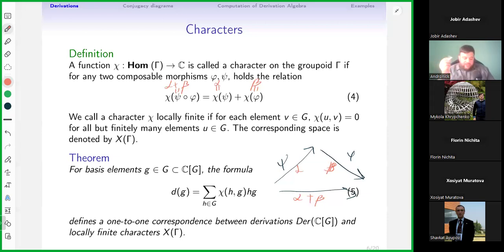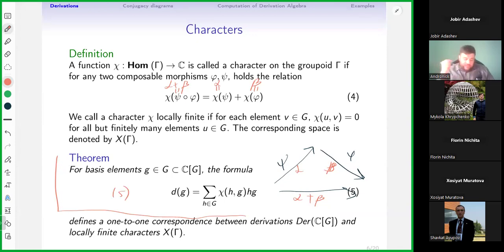The main theorem here is this one: each derivation can be represented as a character. So for each derivation, there exists a character such that formula 5 holds.